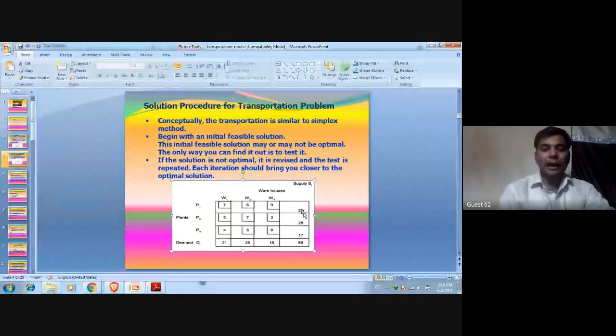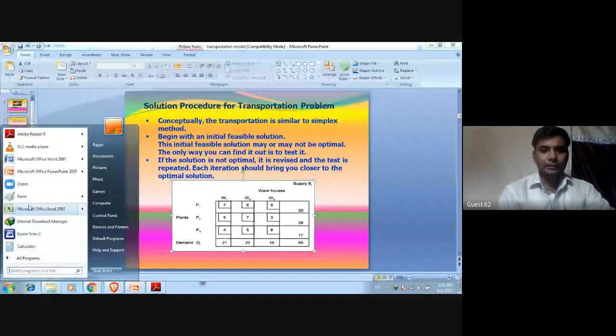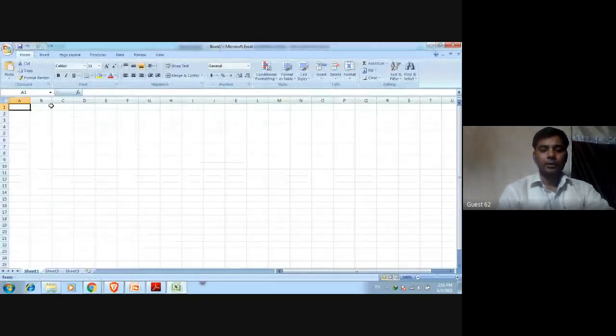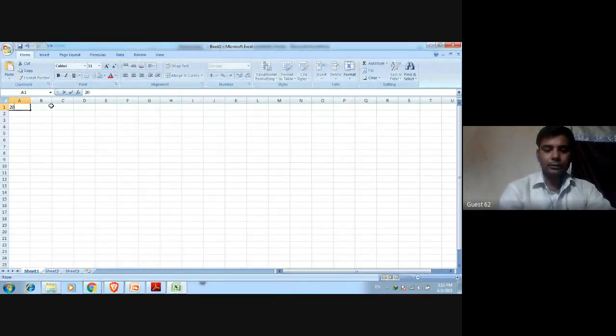Now, let us check whether supply and requirements are equal or not. So let us see, 20 plus 28 plus 17. We can add it: 20, 28, and 17.